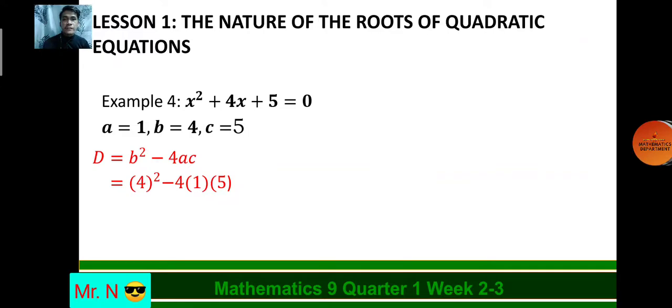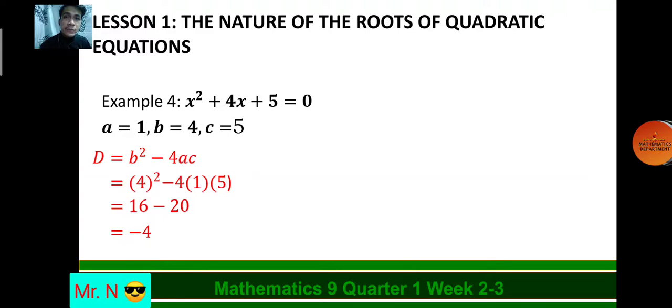What is 4 squared? 4 squared is 16 minus 4 times 1 or negative 4 times 1, that's negative 4. Negative 4 times 5, that's negative 20. So we have now 16 minus 20. What is 16 minus 20? That is negative 4. So you can see negative 4, meaning to say the discriminant is less than 0.